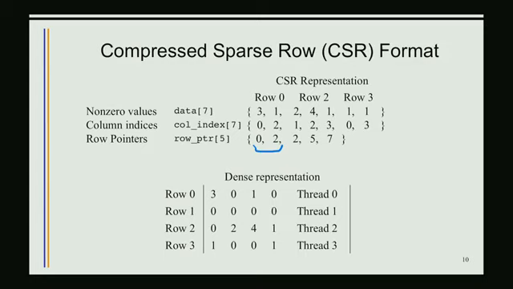Okay. So the start and the end of row 1 are the 2 and the 2. Meaning row 1 starts at element 2 and ends at element 2, meaning it's 0. There's nothing there. It's an empty row. It's all zeros. The start and the end of row 2 is element 2, but ends before element 5.